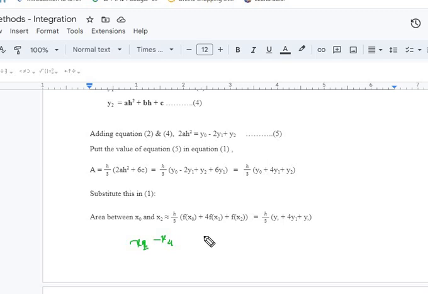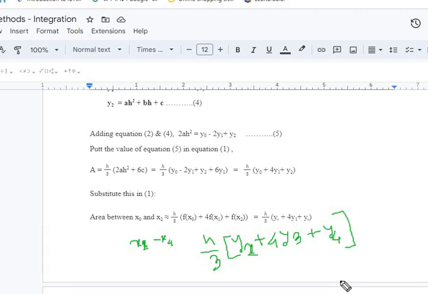So one can simply write this will become h by 3 into y2, the second term becomes 4 times of this one, so 4 of y3, plus y4. Here the terms are y2, y3 and y4.